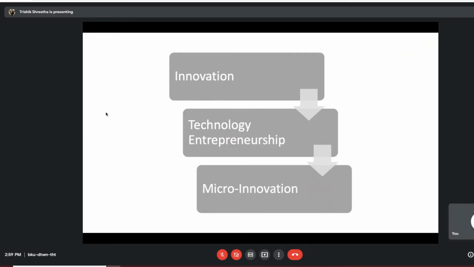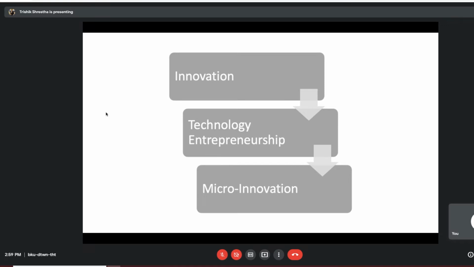We know what micro innovation is. We know what technology entrepreneurship is. Innovation gives rise to technology entrepreneurship, which is basically using technology to solve problems and maybe make money doing it. That is technology entrepreneurship. And micro innovation is basically solving problems on a micro scale, innovating on a micro scale, improving the functionality of products, improving the way we do things on a smaller scale.